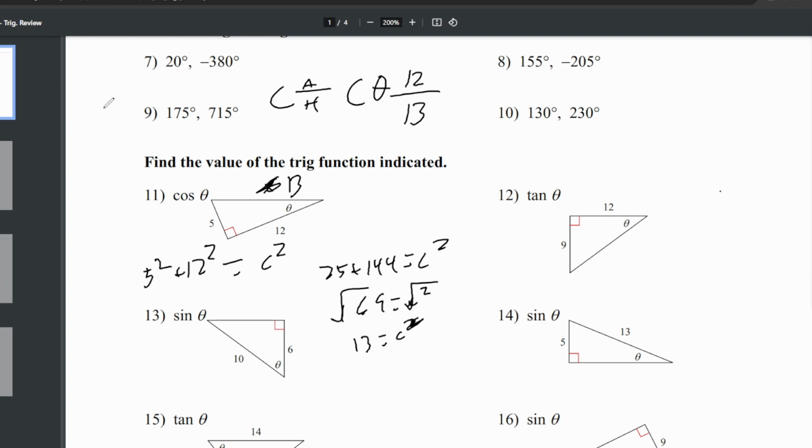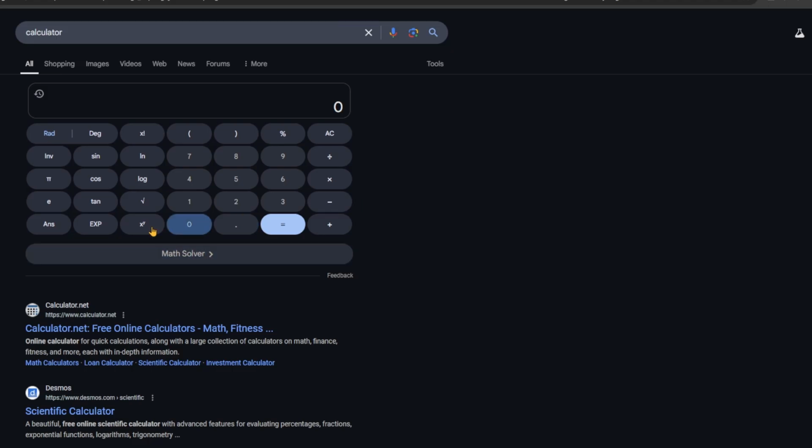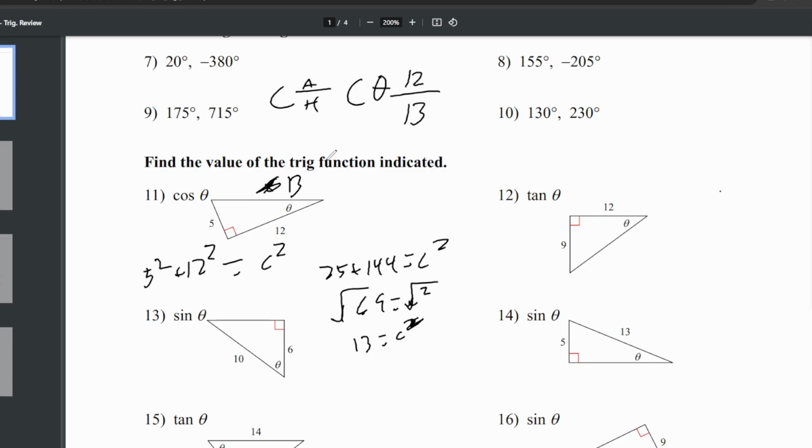For this equation, we have to do inverse cosine. I'll show you right now. So inverse cosine, make sure it's in degree mode. You can check that you're in degree mode, because if you do sine of 30, that would give you 1/2. So now we're good to go. We know it's inverse when we don't know the angle.